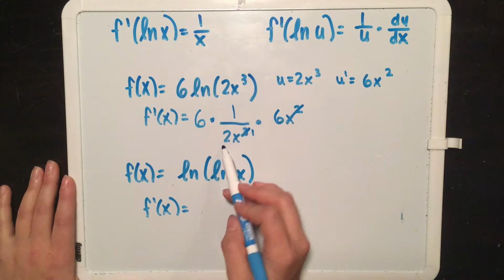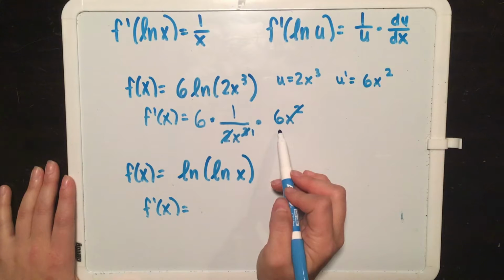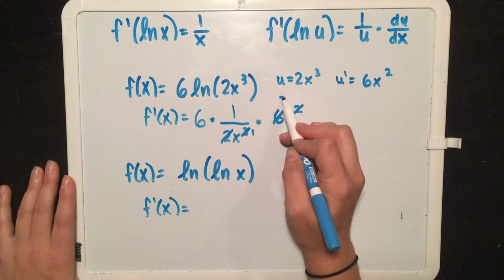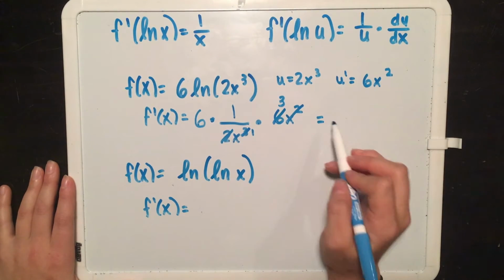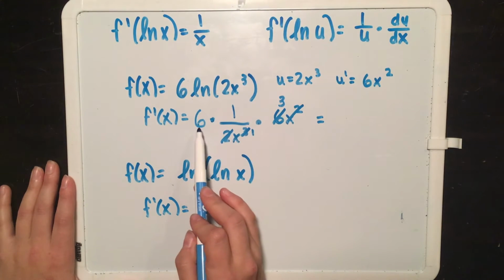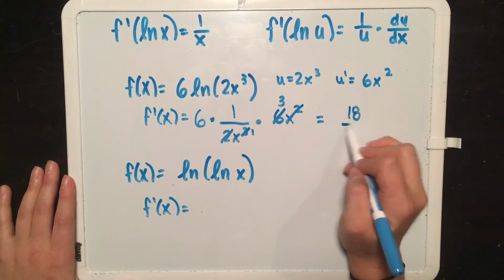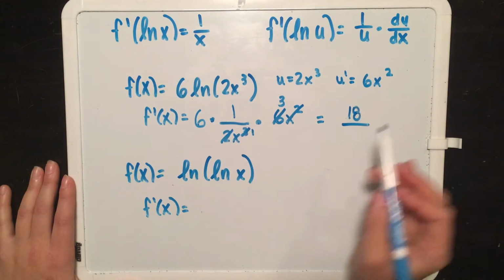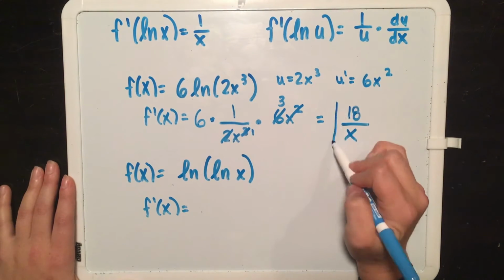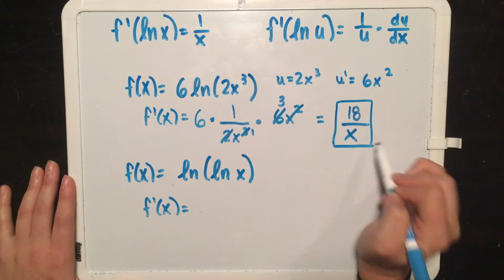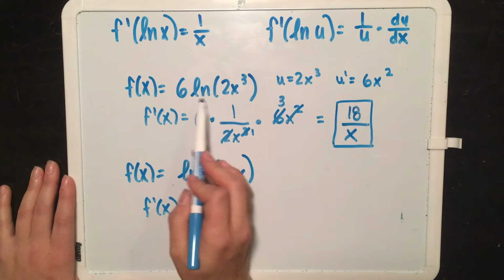We have a 2 in the denominator, and we have a 6 in the numerator, which can be reduced to 3. And when we multiply through, the numerator is 6 times 1 times 3, which is 18, and the denominator is just x. So 18 over x is the derivative of our function with natural log.